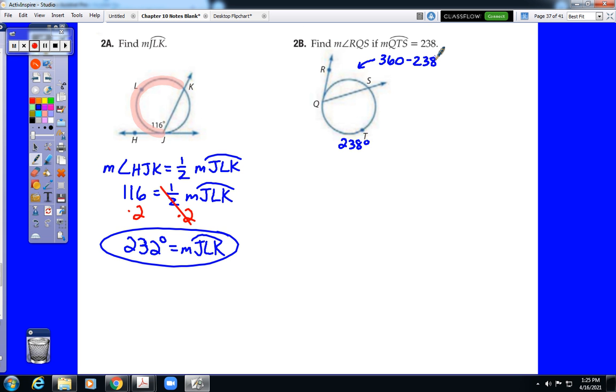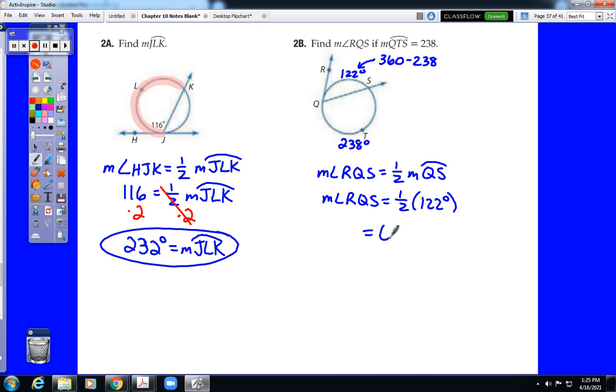That's what, 122? Okay, so arc QS is 122 degrees. Well, the measure of angle RQS is half the measure of that minor arc QS. So the measure of the angle that we're trying to find is half of 122 degrees. That would be 61 degrees.